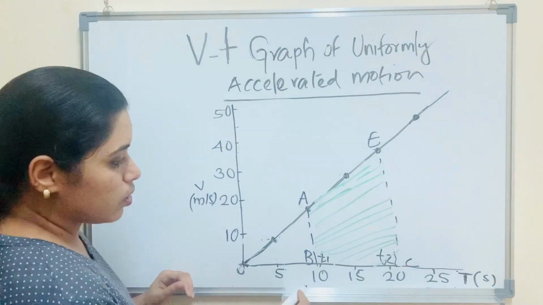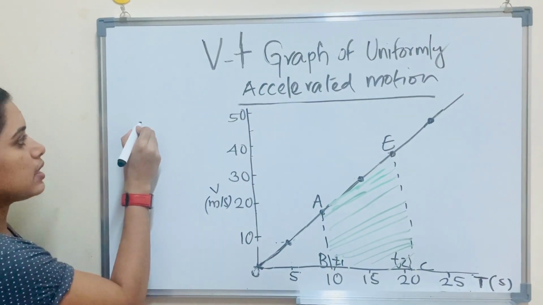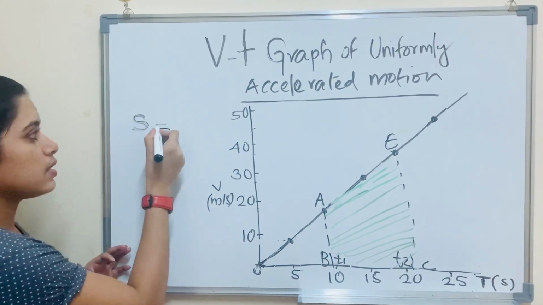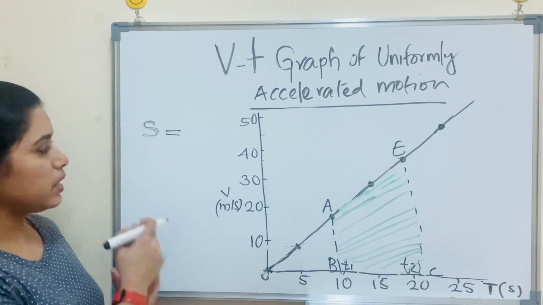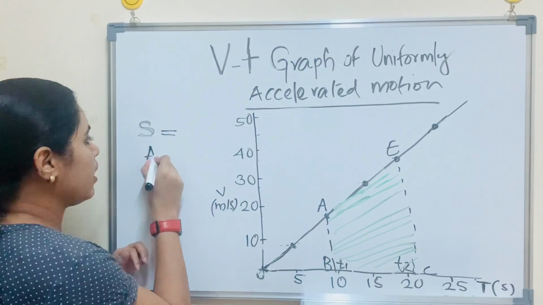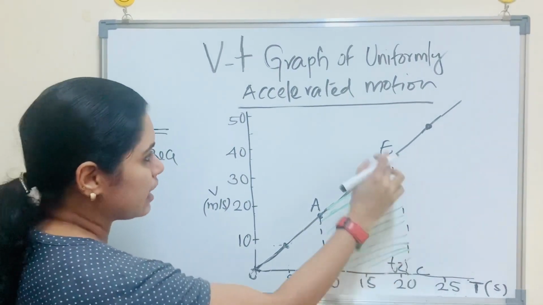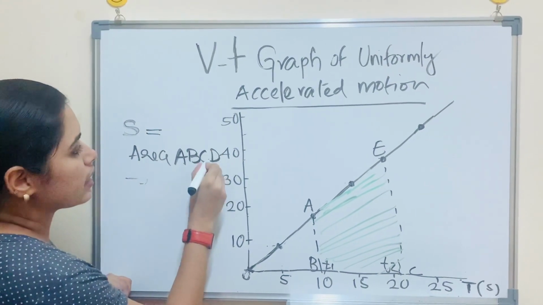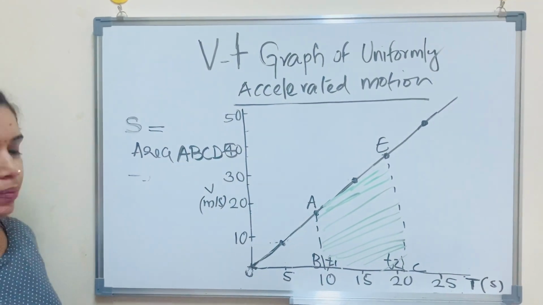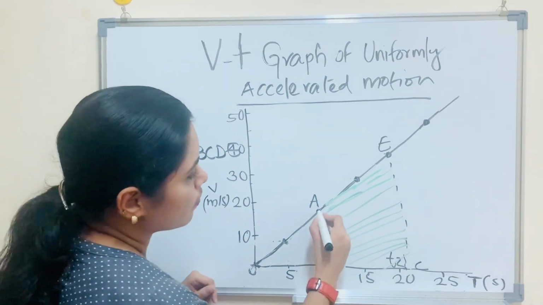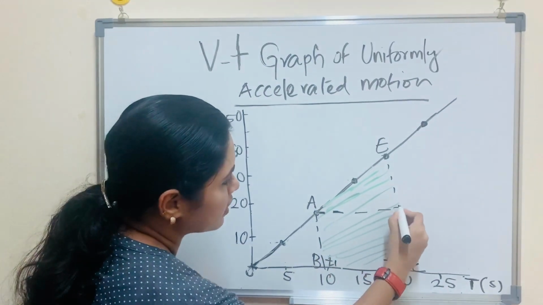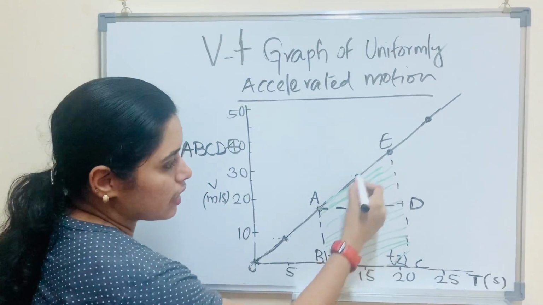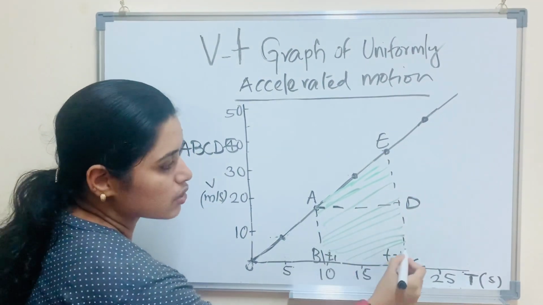So, what is distance S? Distance is displacement itself without direction. That is magnitude only. The magnitude of displacement is distance. That is the area A, B, C, D, E. Now, we can draw a line like this and mark a point D. Now we got a triangle here and a rectangle here.